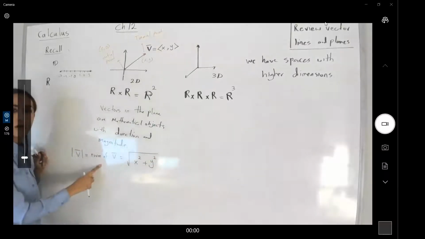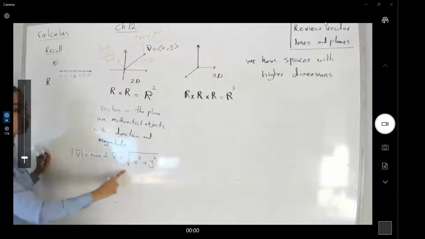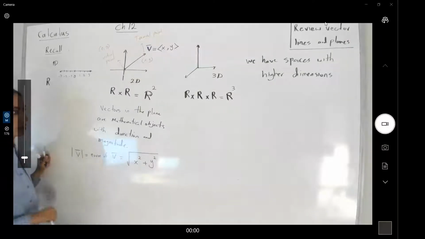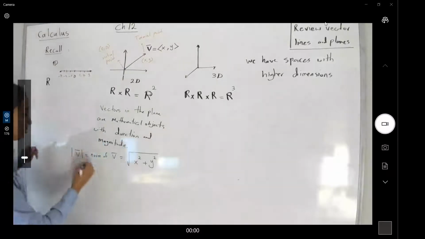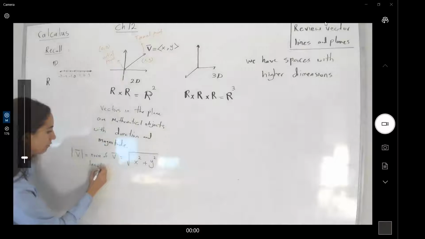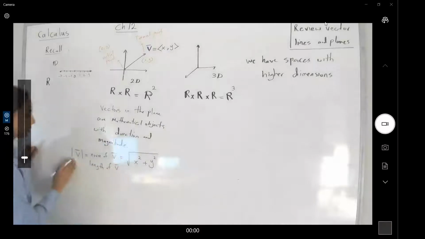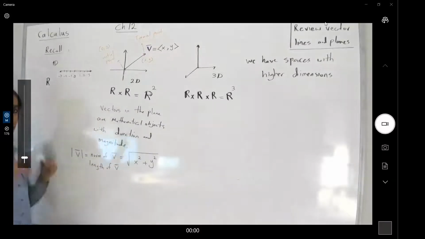So we have the norm or magnitude of vector v, which is the square root of x squared plus y squared. Again, vectors in the plane are objects with direction and magnitude. We can say the length of vector v is denoted by absolute values. Sometimes they use double absolute value to show that we have the norm or length or magnitude of a vector.